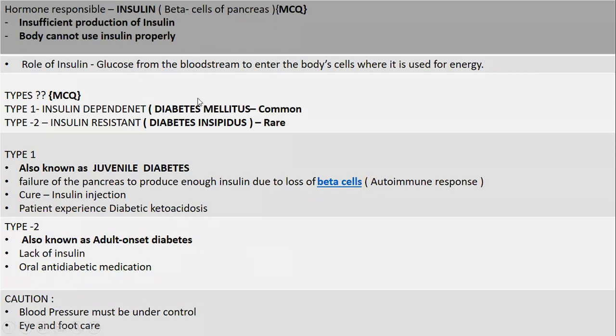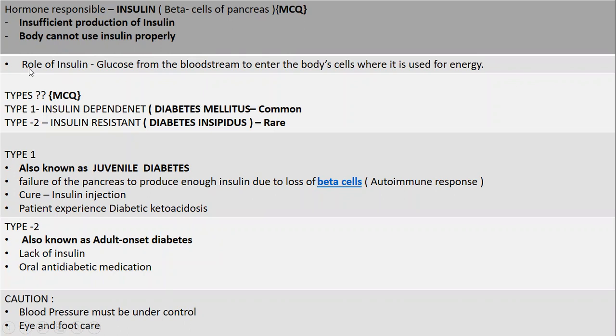Coming to the hormone responsible for this condition, it is insulin, and it is secreted from the beta cells of the pancreas. So an MCQ which can be made is: insulin is secreted by beta cells of the pancreas.